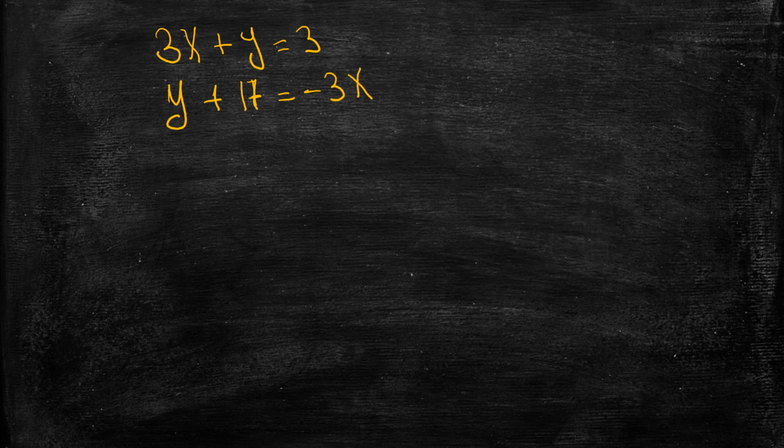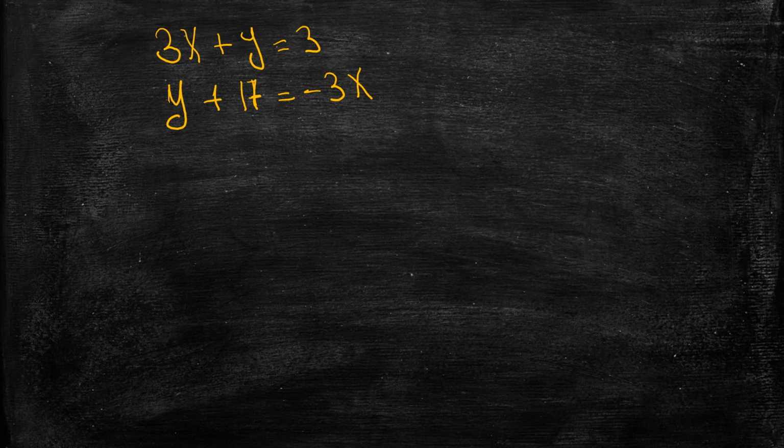Let's have another example. What if we have 3x plus y equals 3. The other line is y plus 17 equals minus 3x. As you see here, each line is not written in slope-intercept form.